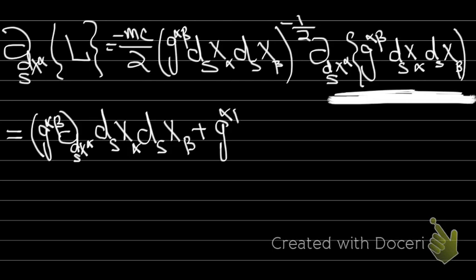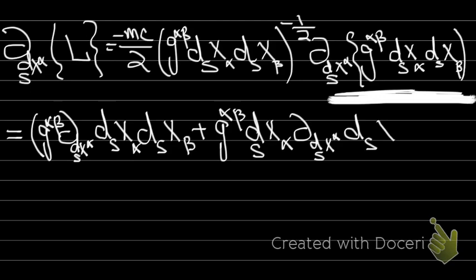So what we would have is g alpha beta multiplied with the derivative with respect to s of x alpha, times the partial derivative with respect to the derivative with respect to s of x alpha, of the derivative with respect to s of x beta, right?